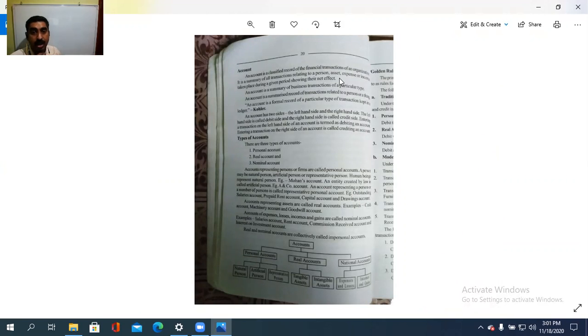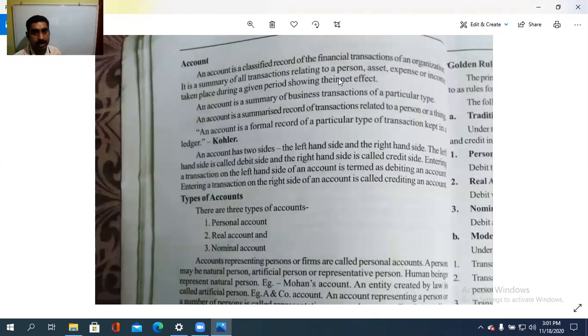Then what is an account? Next is account. It is a classified record of the financial transactions of an organization, as it is the summary of all the transactions that relate to a person, asset, expense or income that have taken place during a given period, showing their net effect.